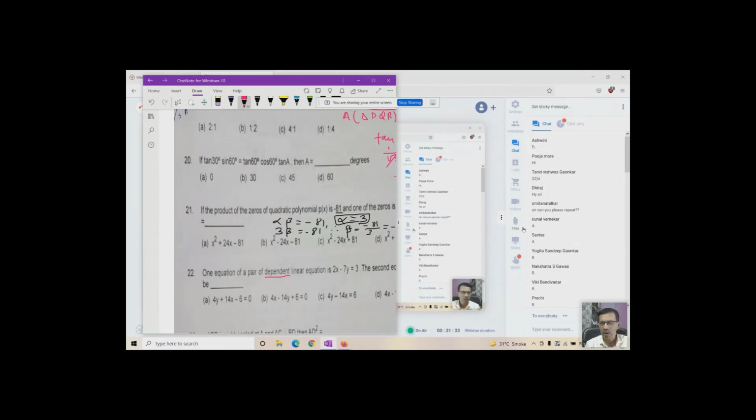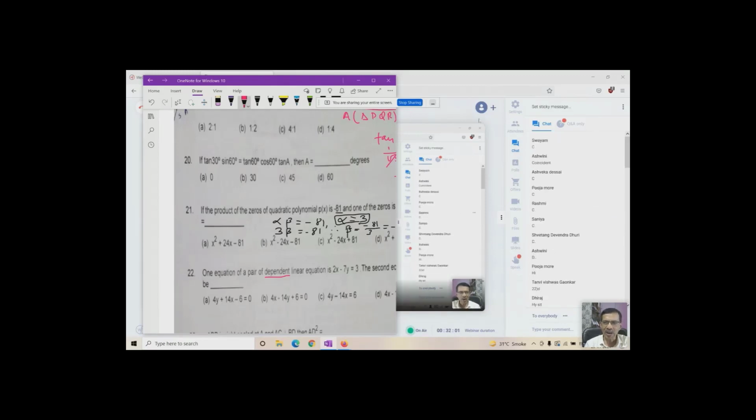Ashwini is saying D and Svetang is saying C. So please type in the comment box: dependent linear equations, meaning is it the coincident one or the intersecting one? So please type, it is coincident.